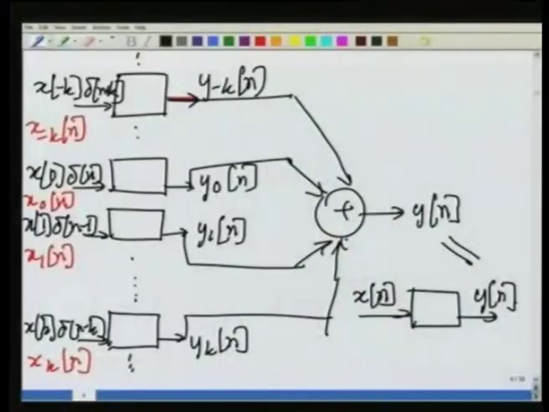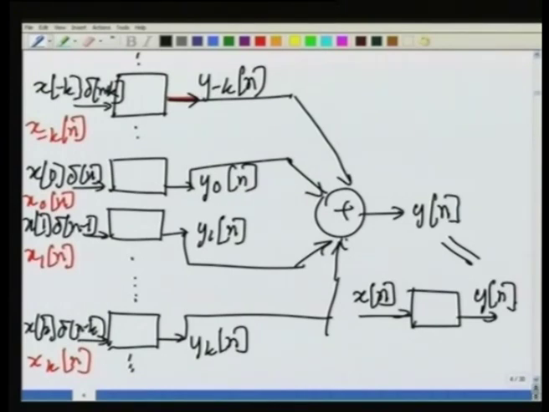This y n is the same as this y n by the additivity property. So, I could manage with one block representing the system instead of making an infinite number of carbon copies as I have done over here.